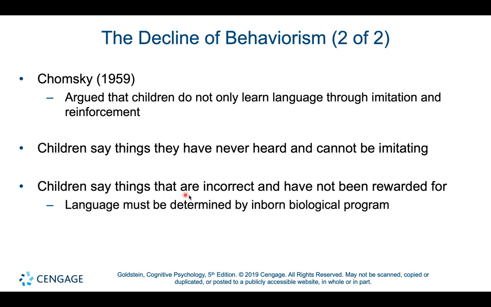And children say things that are incorrect and that they have not been rewarded for. These are called overregularization errors, and they're actually a sign that a child is learning language correctly. So English is a good example because English has lots of irregularities. So the word run is in the present tense. Its past tense is ran, right? That's an irregularity, because how do you typically make a word past tense?